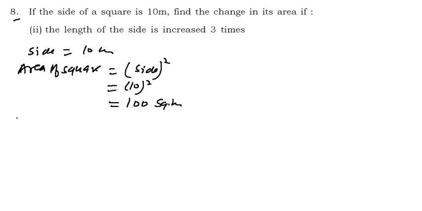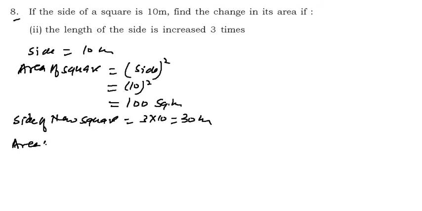So the side of the new square will be 3 times, so 3 into 10, and that is 30 meter. So the area of the new square is equal to side square.